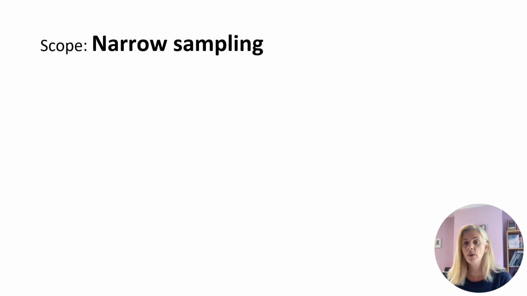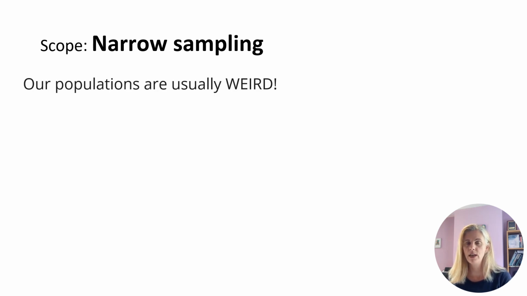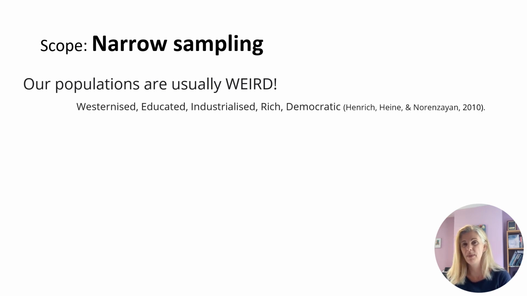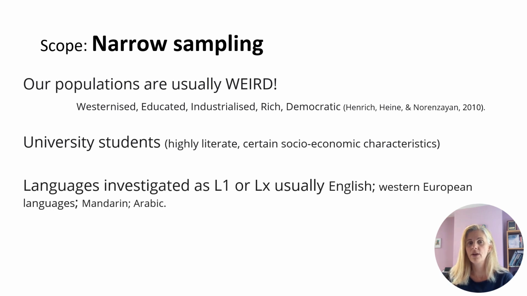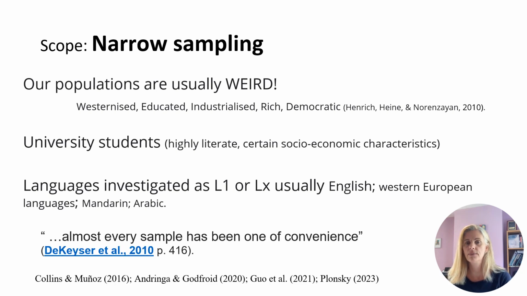It's been observed that we have narrow sampling practices. Many of you will have heard about the acronym WEIRD. Our populations from which we sample are very often weird in some dimension. That is, they're westernised and or educated and or industrialised, from industrialised, rich and or democratic countries. That is, they're often university students, highly literate from certain socioeconomic backgrounds, and the languages investigated usually include English, either as the first language or the language being learnt.